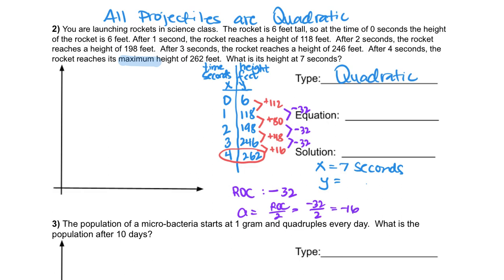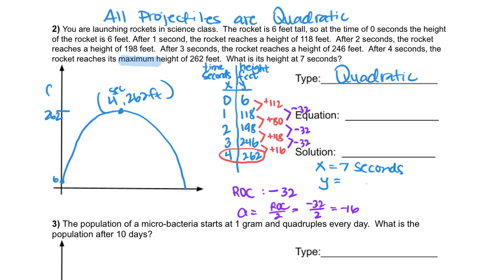I'm going to do a quick sketch of our situation. We know we don't start at 0. We start at 6 feet, and our object is going up and coming back down. We know this point right here is (4, 262). So at 4 seconds, we're at 262 feet. So that would be the height right here at 262.